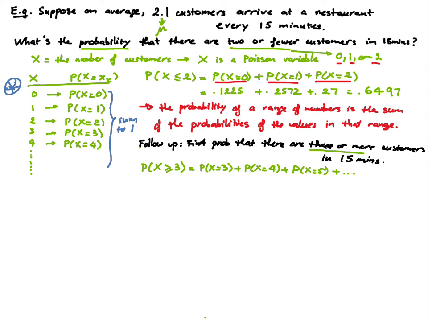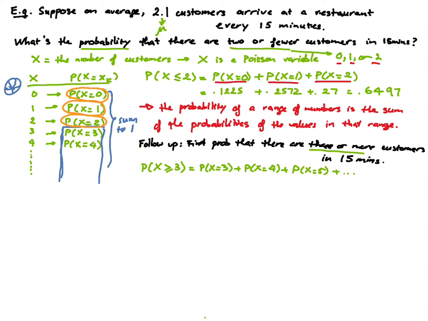But then what are we interested in? We're interested in the probability that x is greater than or equal to 3, which means that we're interested in the sum of the numbers in the box. But let's take a look at this. The sum of the numbers in the box plus the probability that x is 2 plus the probability that x is 1 plus the probability that x is 0 sum to 1.